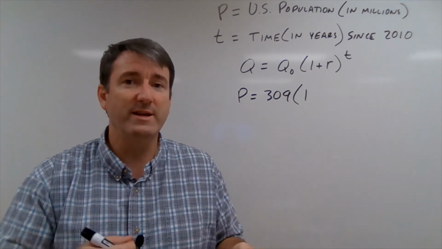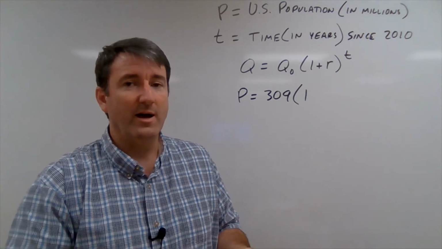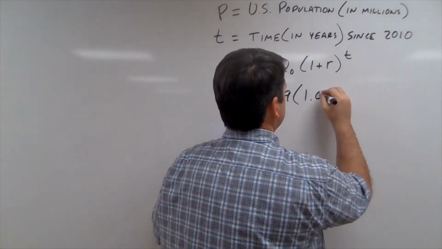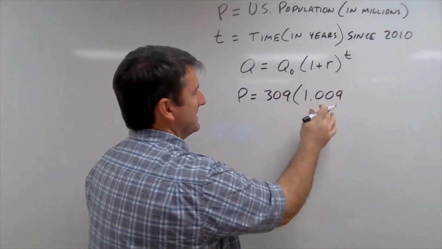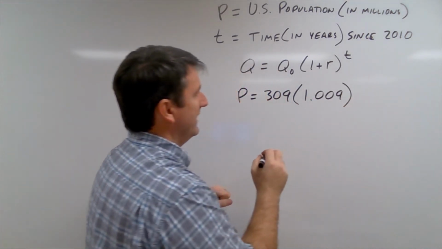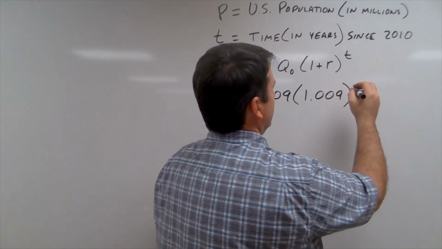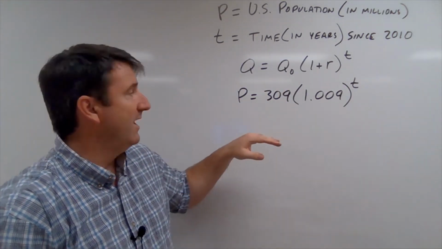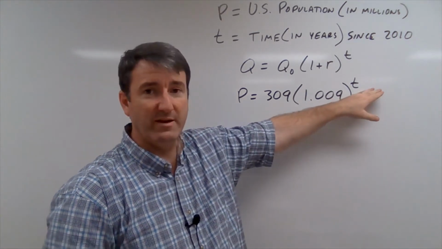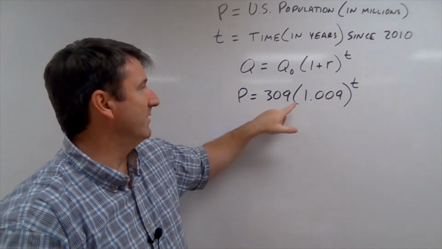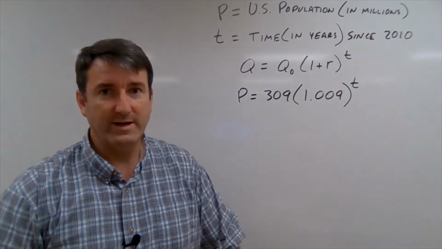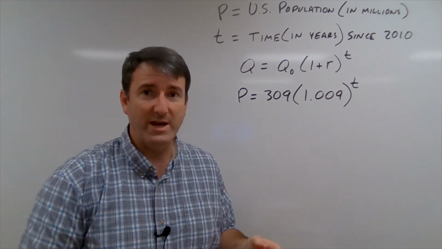So instead of 0.9, this is going to be 0.009. So 0.009, and we'll go ahead and just add it on to that 1 there. And then take that to the t power. So we still have our dependent and our independent variable in our function, and we filled in our initial value and our growth rate. All right, so there's our equation.